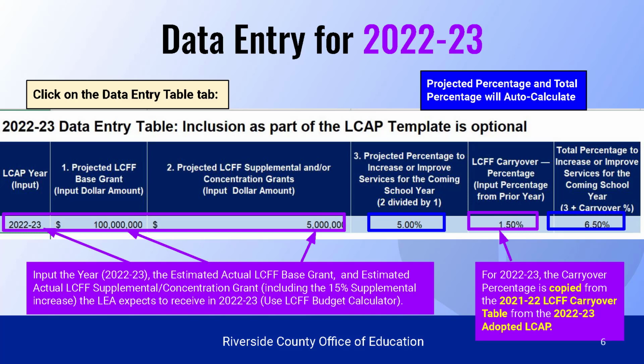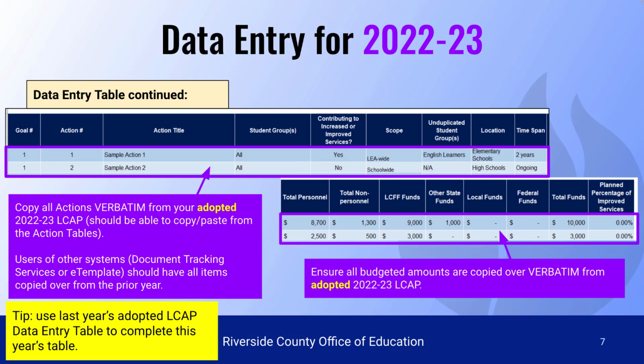Importantly for this year, you're going to include any carryover percentage from your adopted 22-23 LCAP. This percentage is copied over from your prior year 21-22 LCFF carryover table. Next, you're going to copy all actions verbatim from your adopted LCAP.